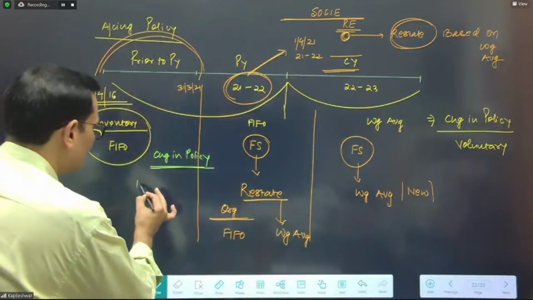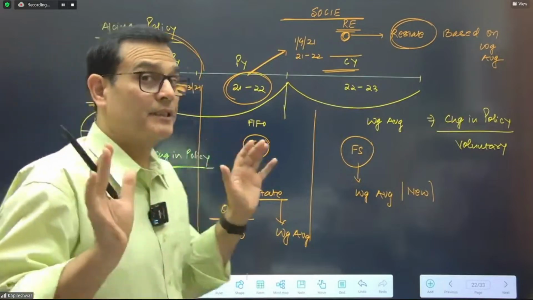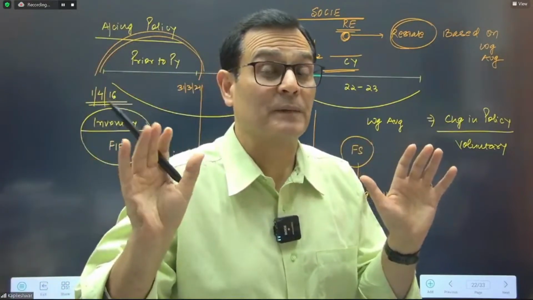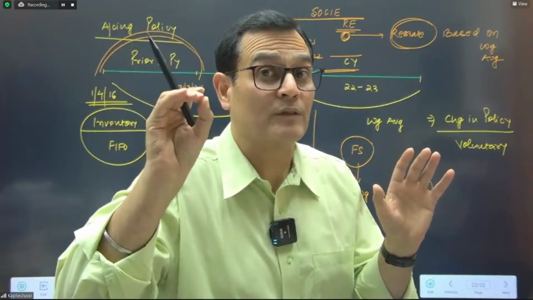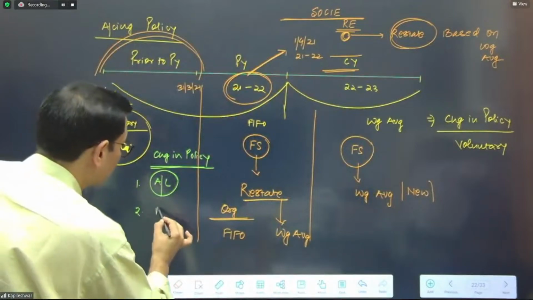I didn't say income and expense. Does it have an impact on the asset and liability? Number two, is the impact material?